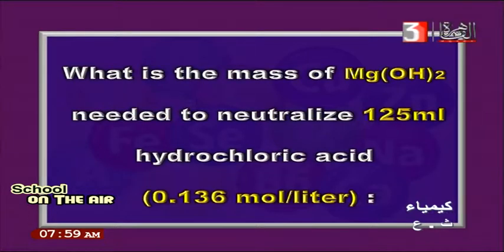What is the mass of Mg(OH)2 needed to neutralize 125 milliliters of hydrochloric acid? You must know its concentration, 0.136 mole per liter. How can I answer this question?